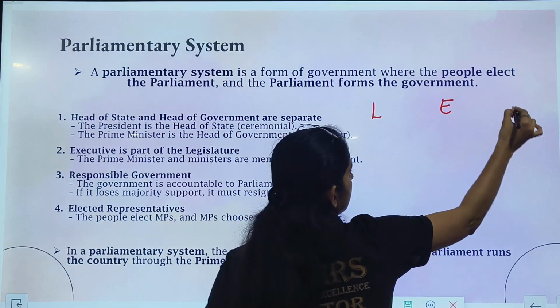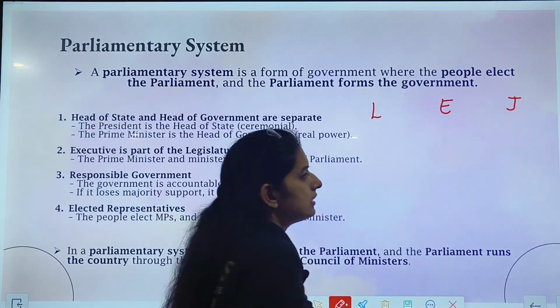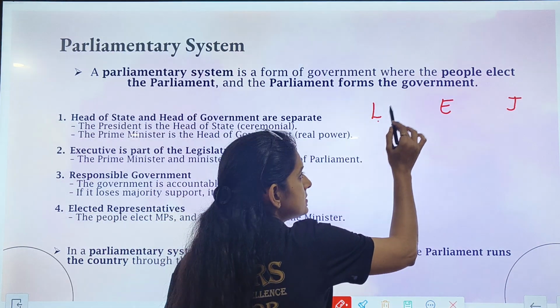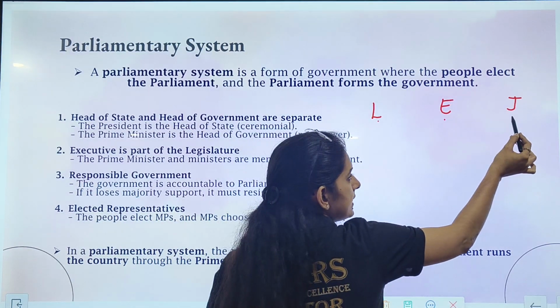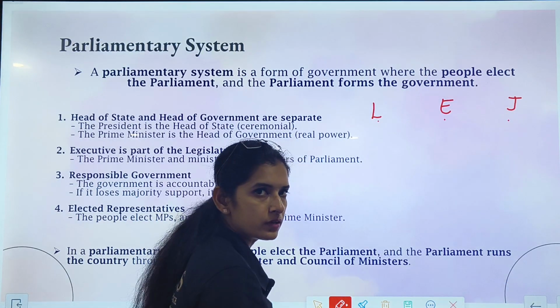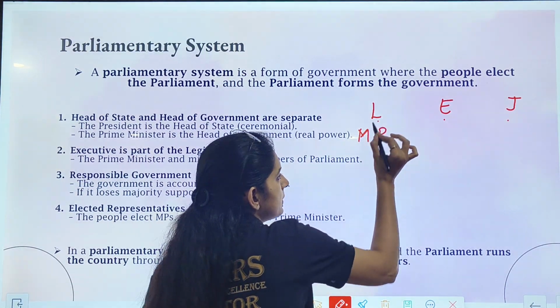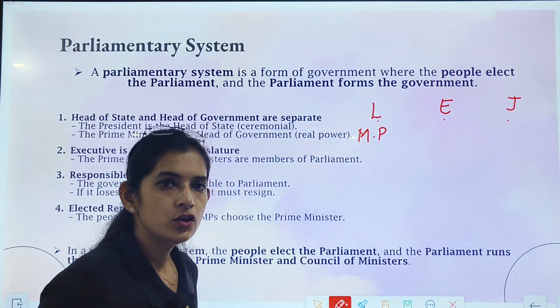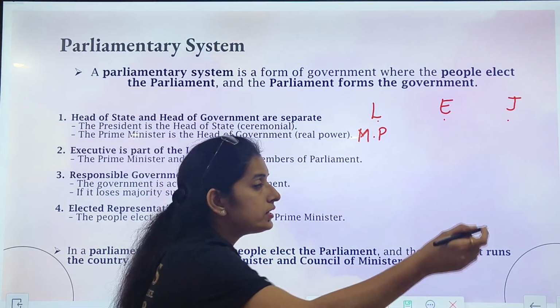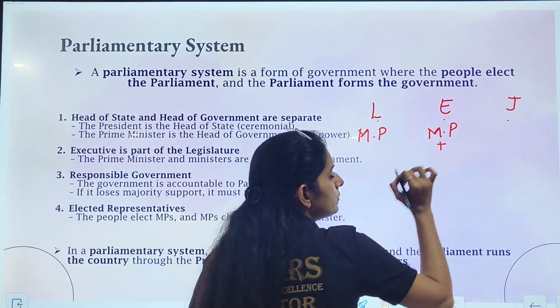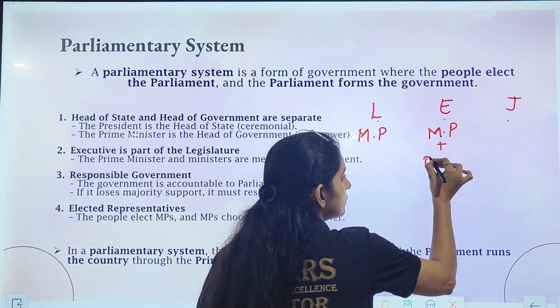There were three bifurcations, right? Legislature, executive, and judiciary. These are the lawmakers, these are the law executors, and these are the decision makers. Clear? Who is making the laws? Members of parliament. Clear? Who is executing the laws? Again, members of parliament, but along with members of parliament, government officials are also there.